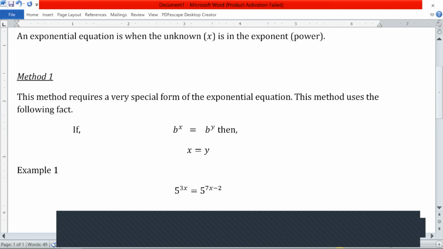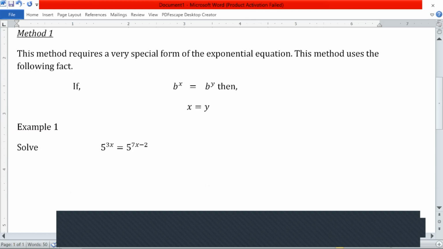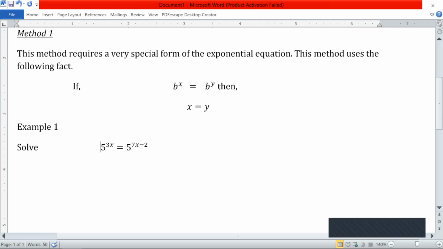Do you see it has that form? You have two terms on either side of your equation. Both terms are power terms, and both power terms have the same base. 5 to some power equals 5 to some other power. Then what can you say? The two powers have to be the same, otherwise this won't be true. Because the bases are the same, the powers have to be the same.